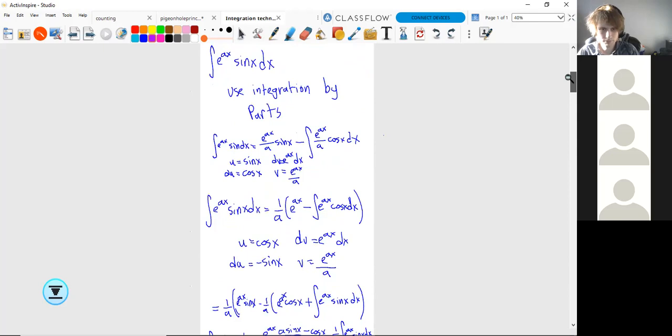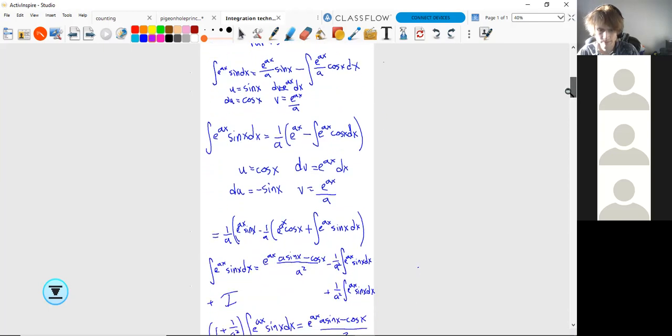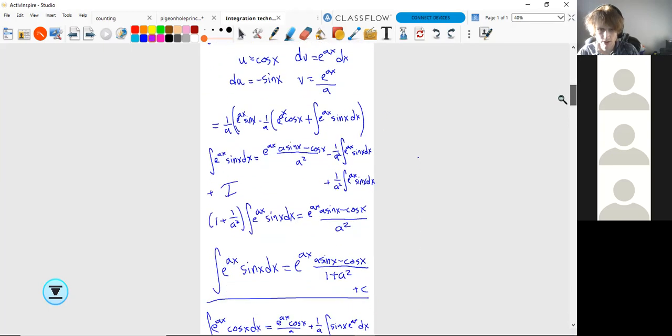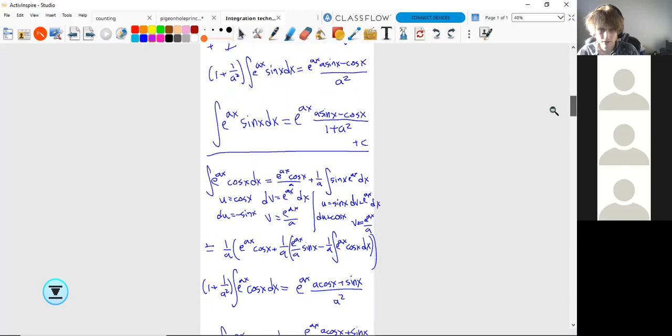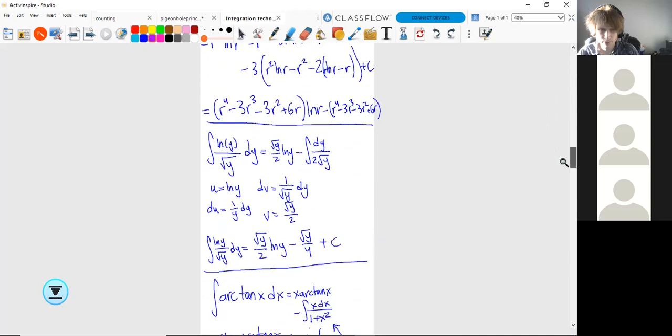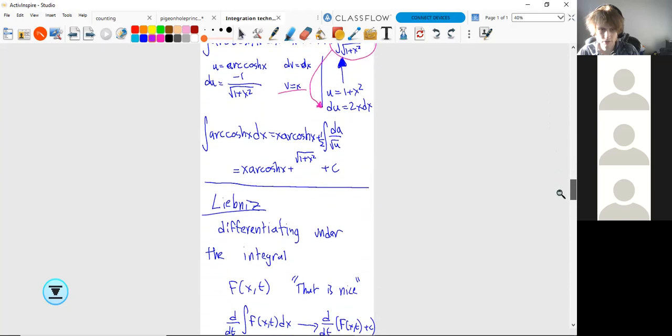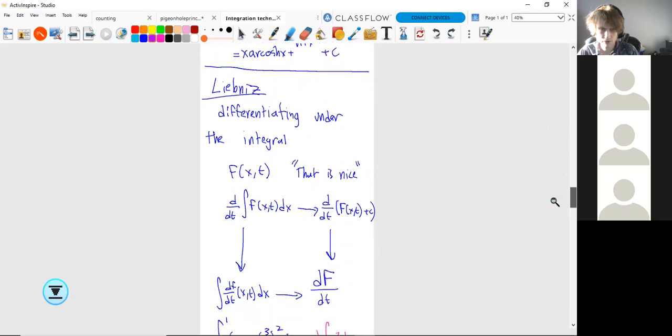So we did an example of integration by parts for this kind of integral, and we got a nice formula out of it. And we're going to use that formula. Then we did some examples of power reduction techniques and integrals of inverse trigonometric functions.